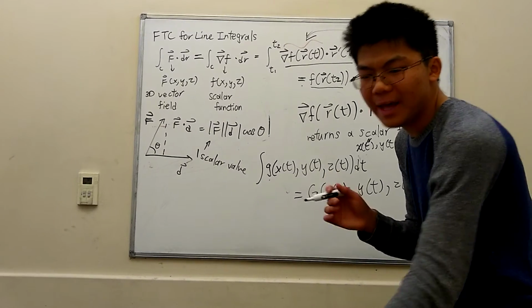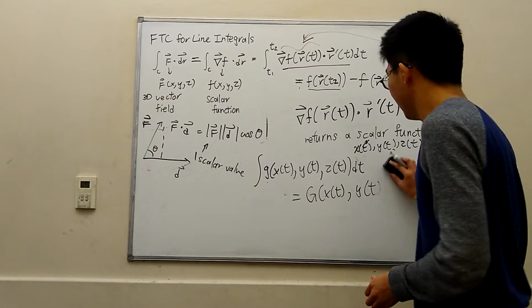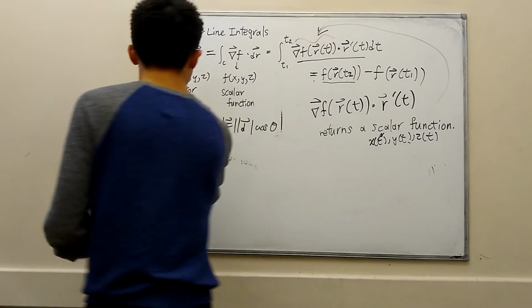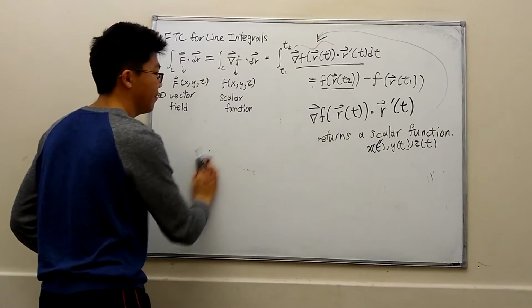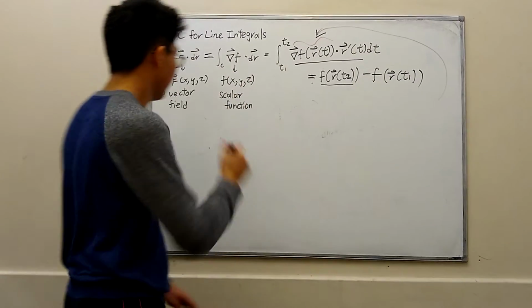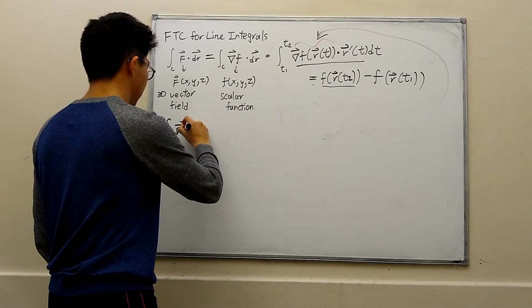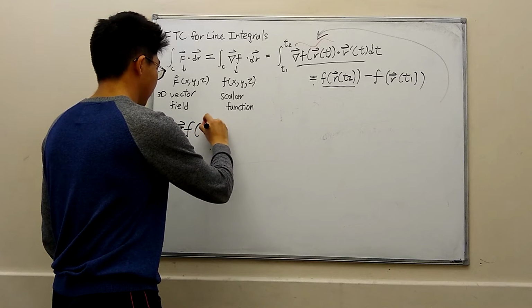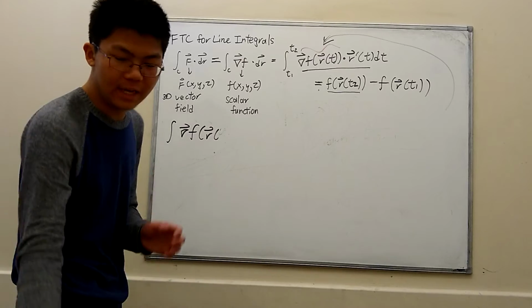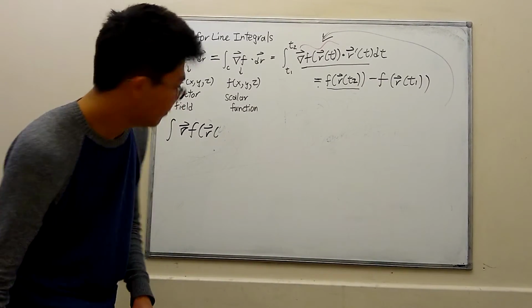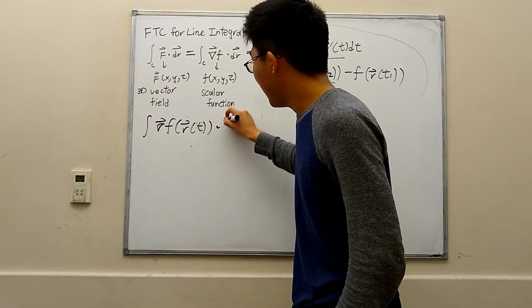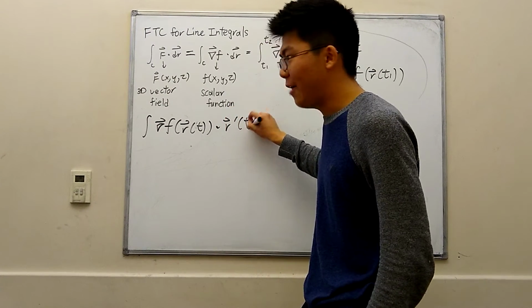So to show it a little mathematically, the book has a similar example on this. I just tweaked the variables. So let's say we have, still going to say r of t, but I'm going to do a variable change halfway.